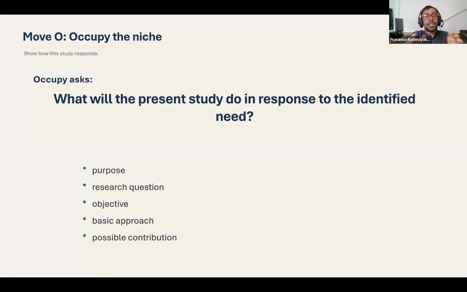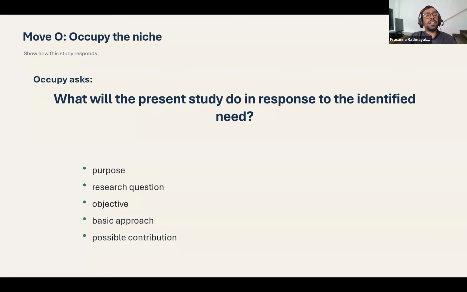Alignment of what? The purpose which you are going to state in occupy should not introduce a different problem from what you indicated in the niche. It should answer the need that the niche has already created. Did you get the point?